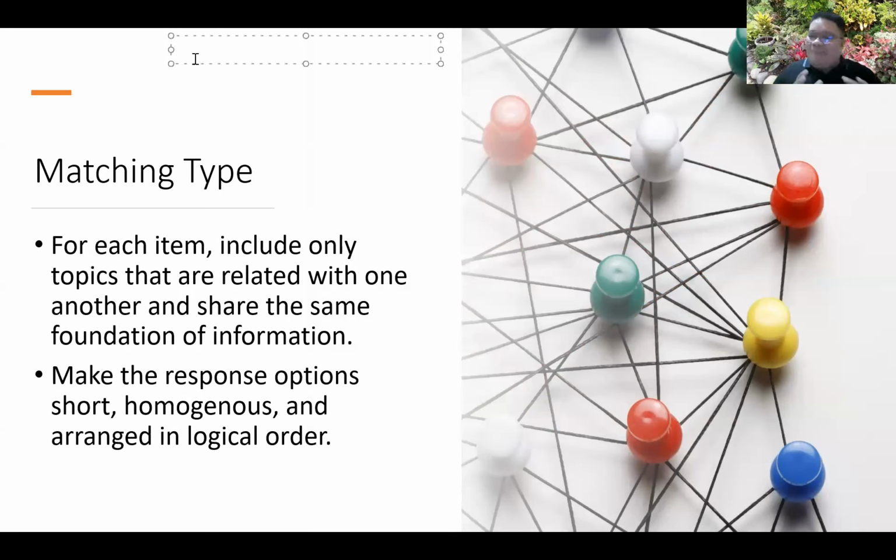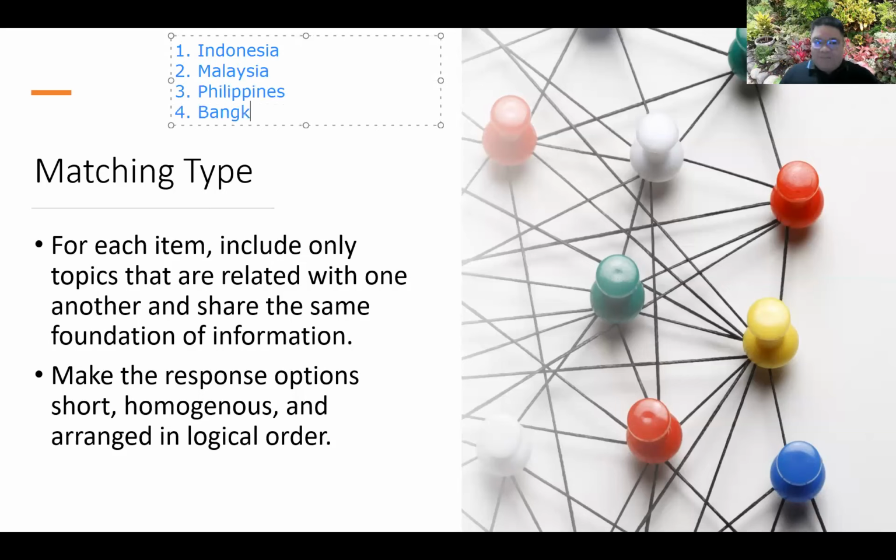Let's say, match column A, the name of the country, with the capital city. So number 1 is Indonesia. What other Southeast Asian countries are there? Then we have Malaysia. Then we have, for example, Philippines.